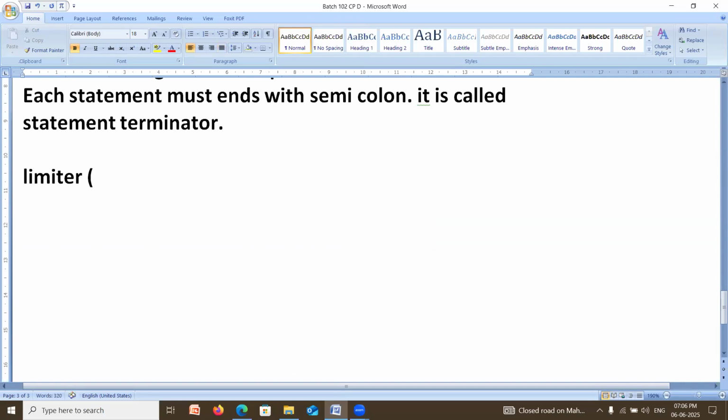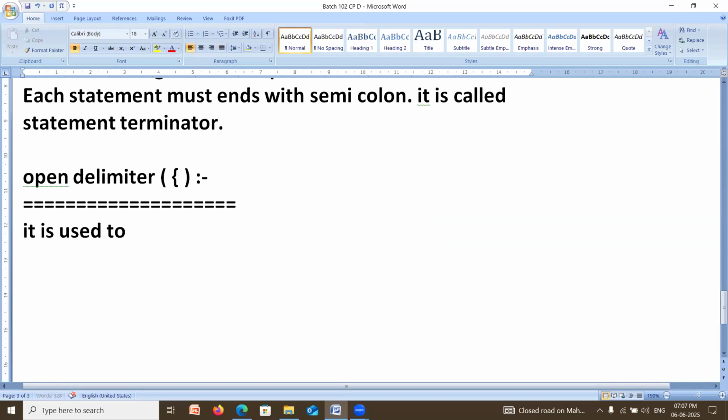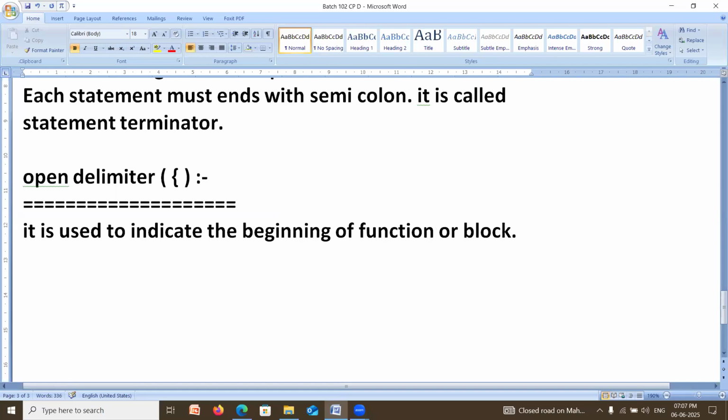One is open curly bracket. Open curly bracket is called open delimiter. What is the use of this? It is used to indicate the beginning of function or block. Block means a group of statements. Next one is closing delimiter.